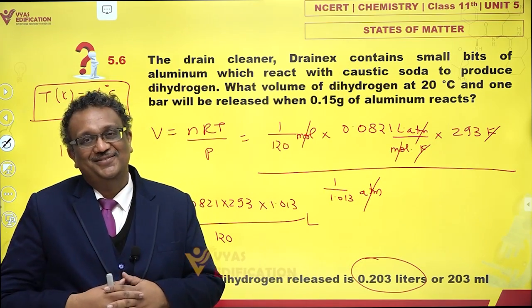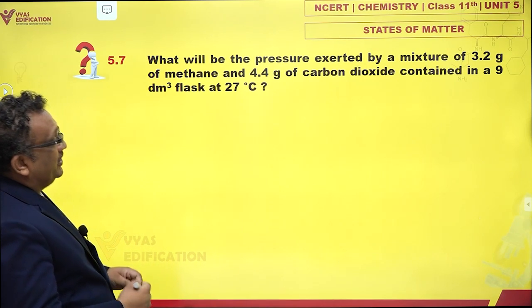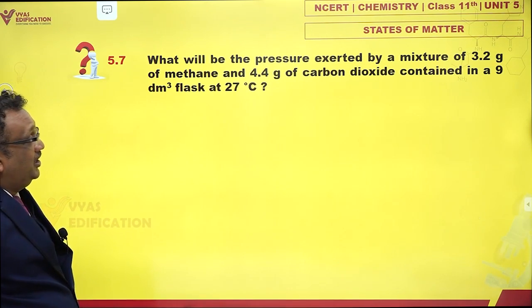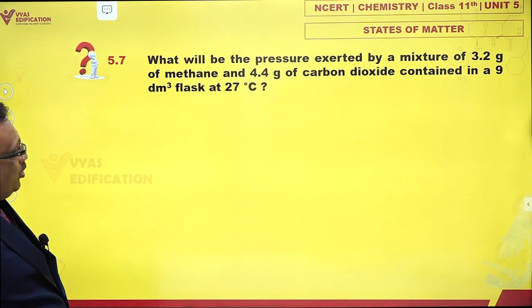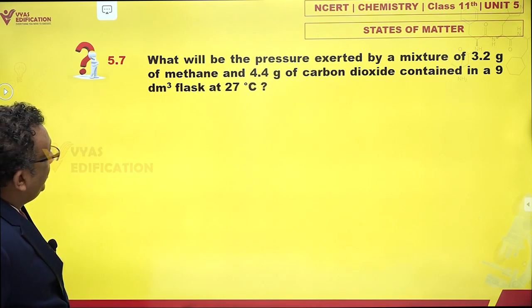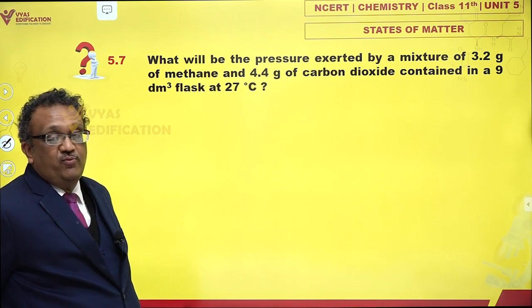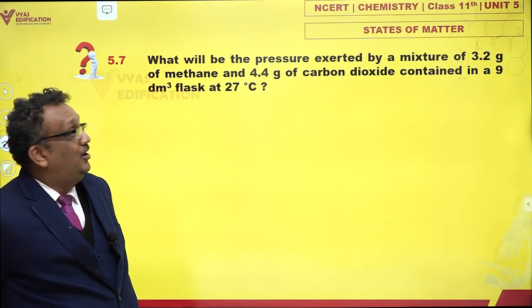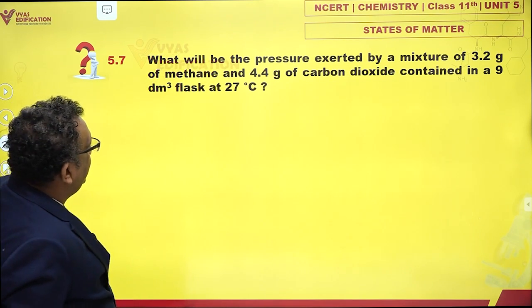What will be the pressure exerted by a mixture of 3.2 grams of methane and 4.4 grams of carbon dioxide contained in a 9 decimeter cube flask at 27 degrees Celsius? How do we do this? It's a mixture of gases, right?